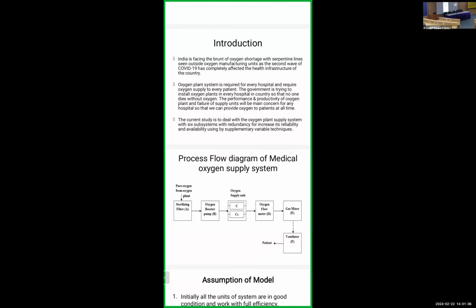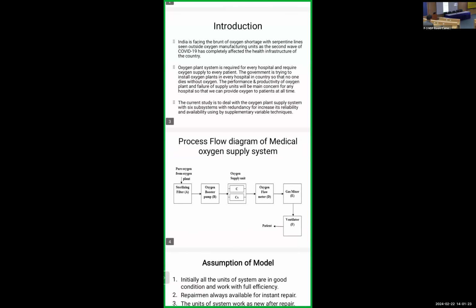The current study deals with the oxygen plant supply system with six subsystems, with redundancy for increased reliability and availability, using supplementary variable techniques.